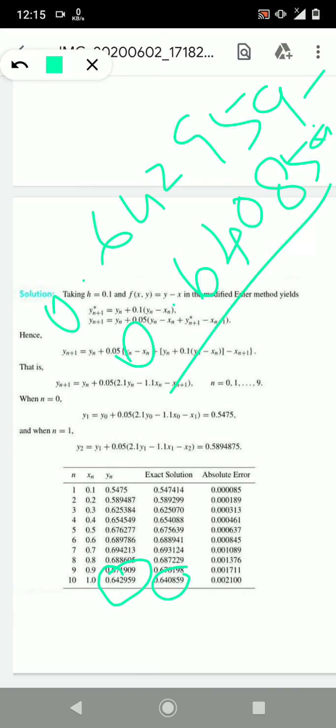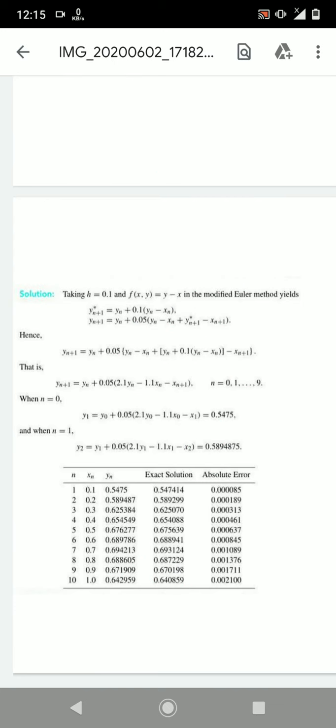So the error in this approximation is very small, approximately 0.0000 something. So this is the modified Euler method for finding the solution of an initial value problem at some point x.